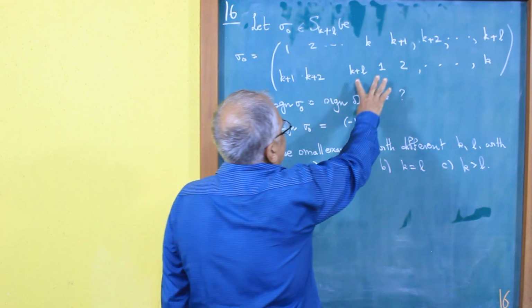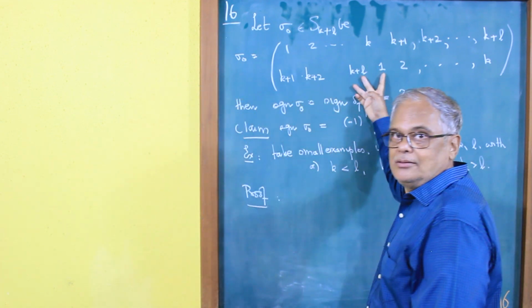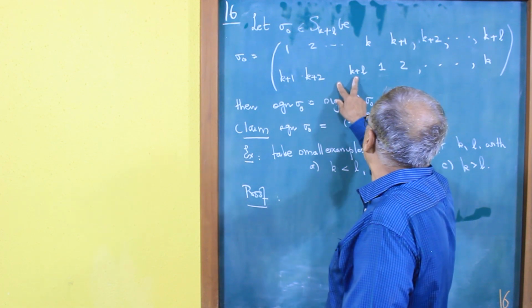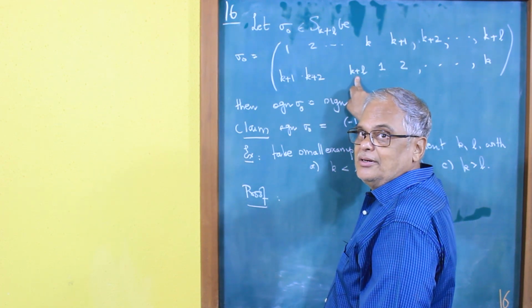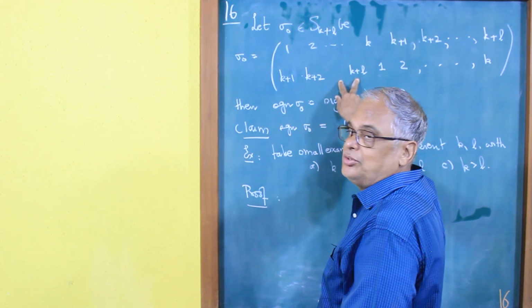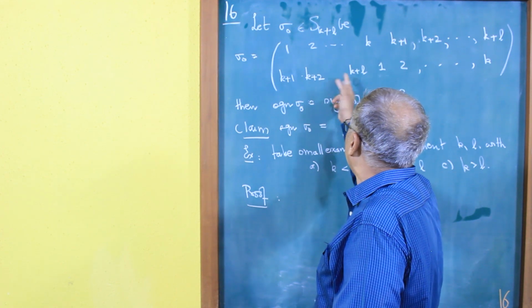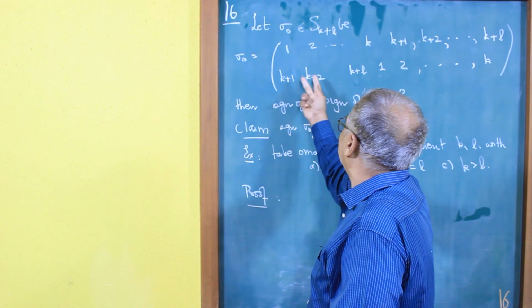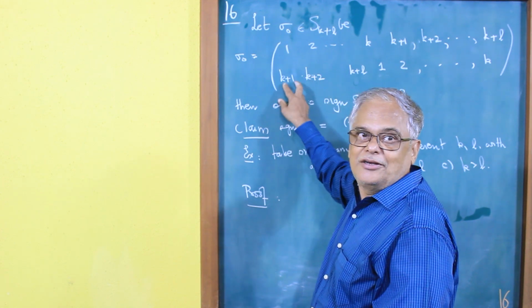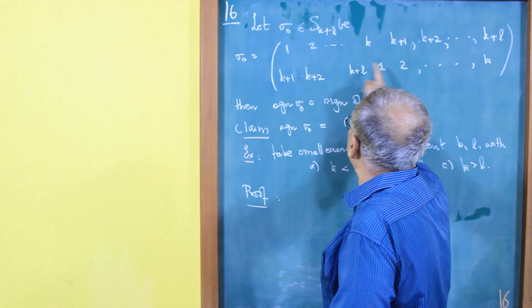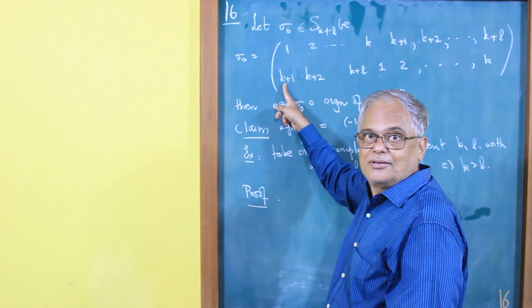You have to first interchange this 1 and k plus L. Then the 1 will now be here, and you have to interchange that 1 with k plus L minus 1. Then you have to interchange this again, and again, and again. And finally, the 1 will come to this place.